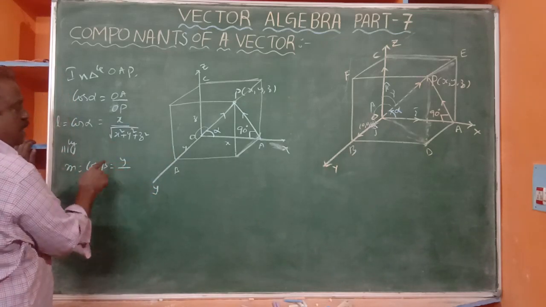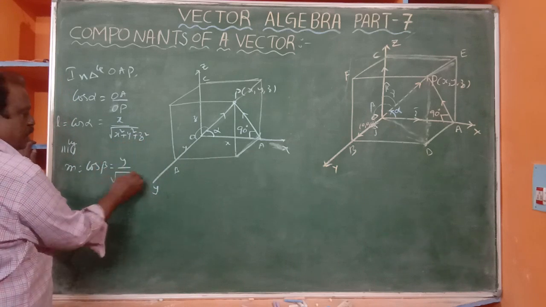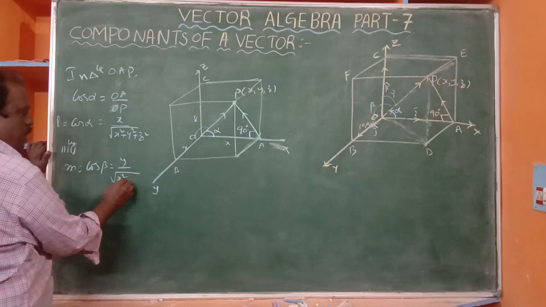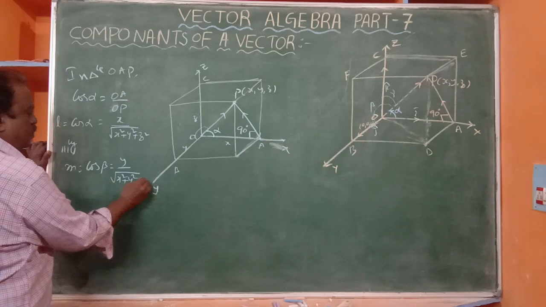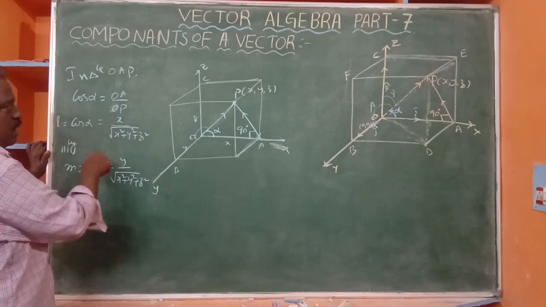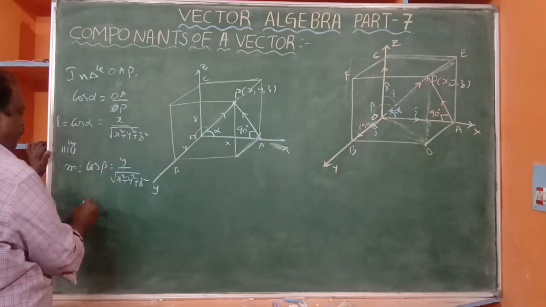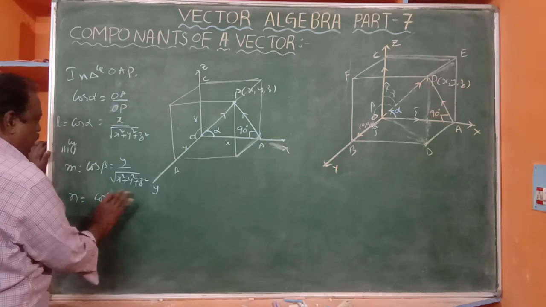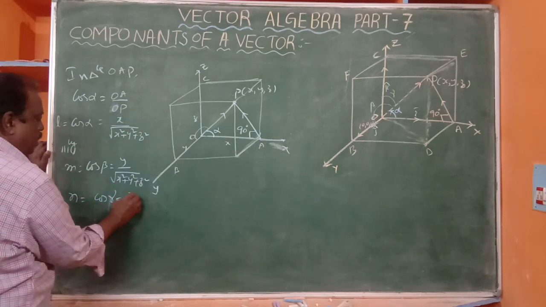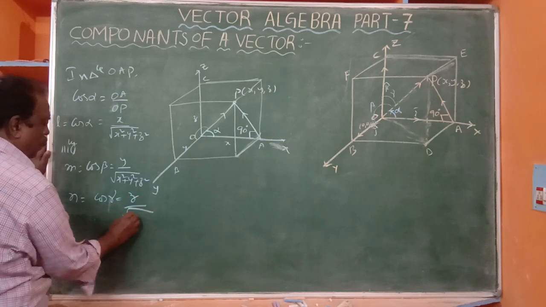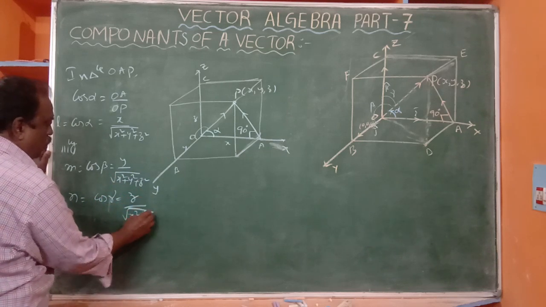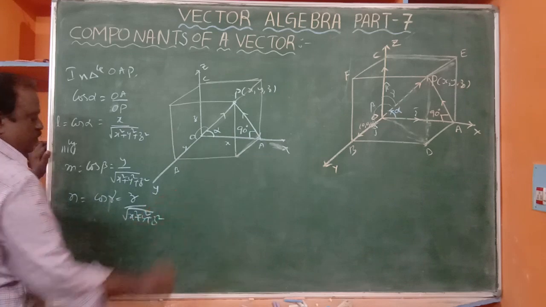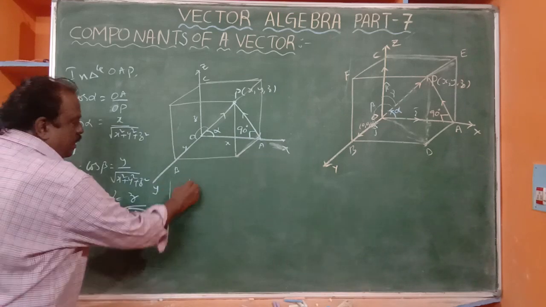It is related with the y coordinate, and it is y by root of x square plus y square plus z square, the common OP length. And n is equal to cos gamma, which is z by root of x square plus y square plus z square.